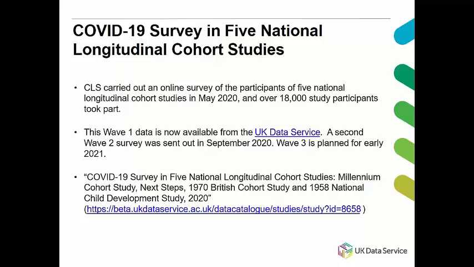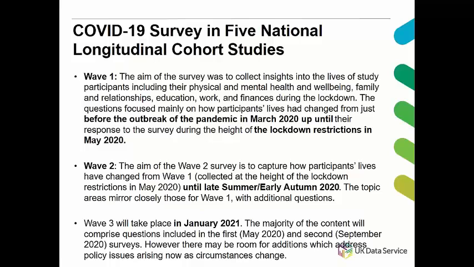So I have provided here the exact title of that survey and also the link in our data catalogue where you would find it. Now, Wave 1 covers the time before the outbreak of the pandemic in March 2020 up until the height of the lockdown restrictions in May 2020.